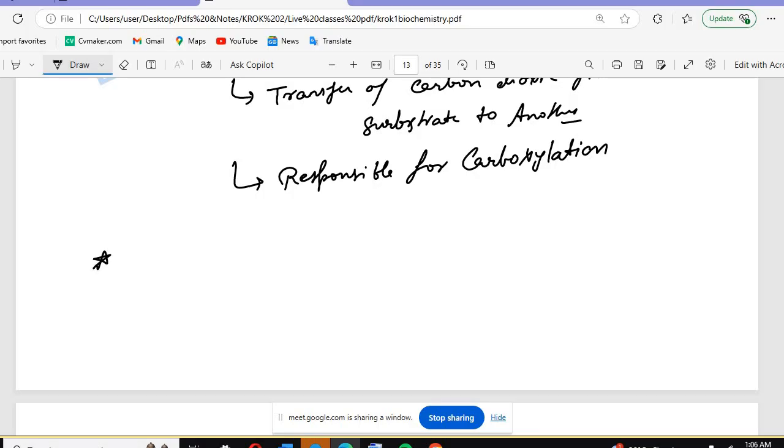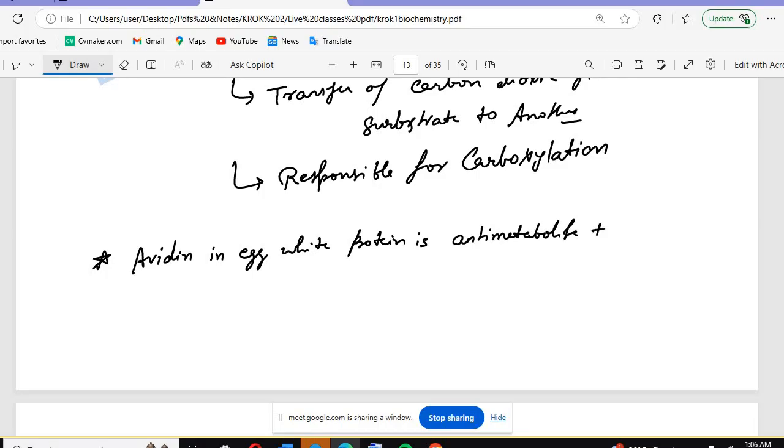In egg white, we have one component, avidin. This avidin in egg white protein is an anti-metabolite to biotin.